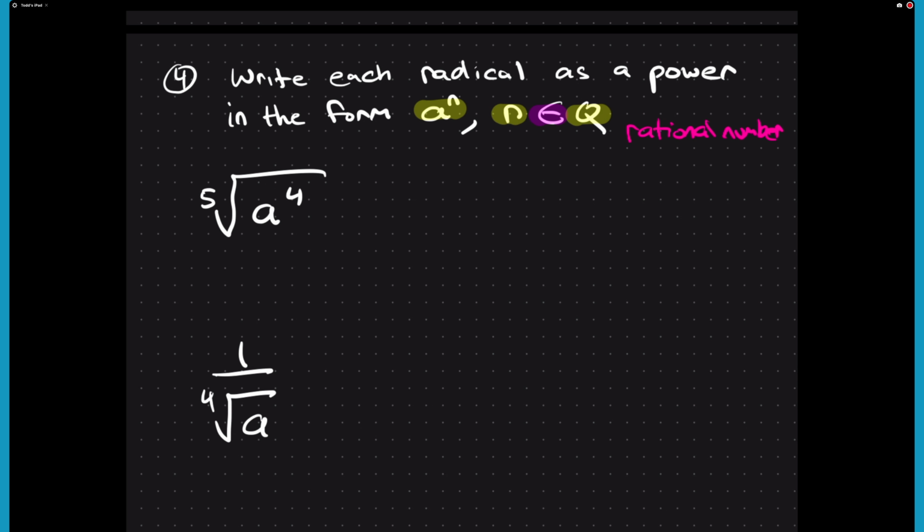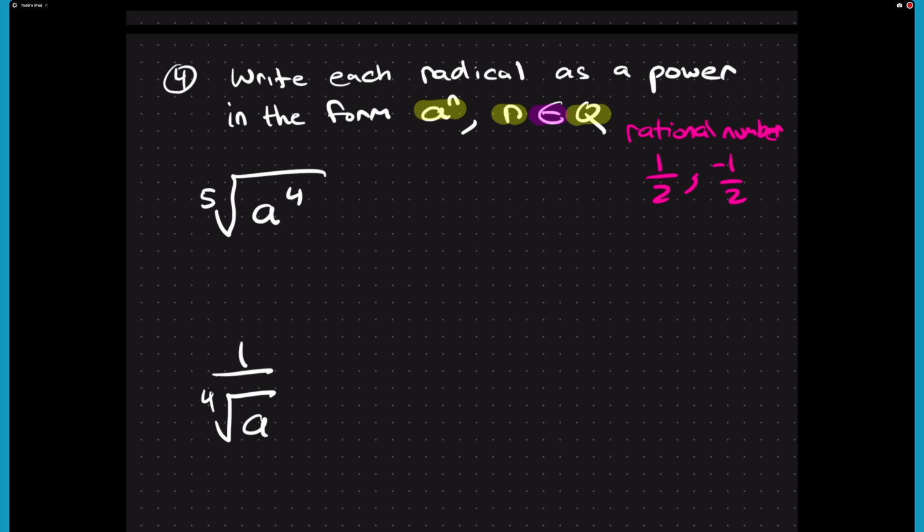Remember that rational numbers just have to be in the form of a fraction, and that can also be a negative fraction. So it doesn't necessarily tell us that it has to be positive or negative. It just says to make that exponent a rational number.